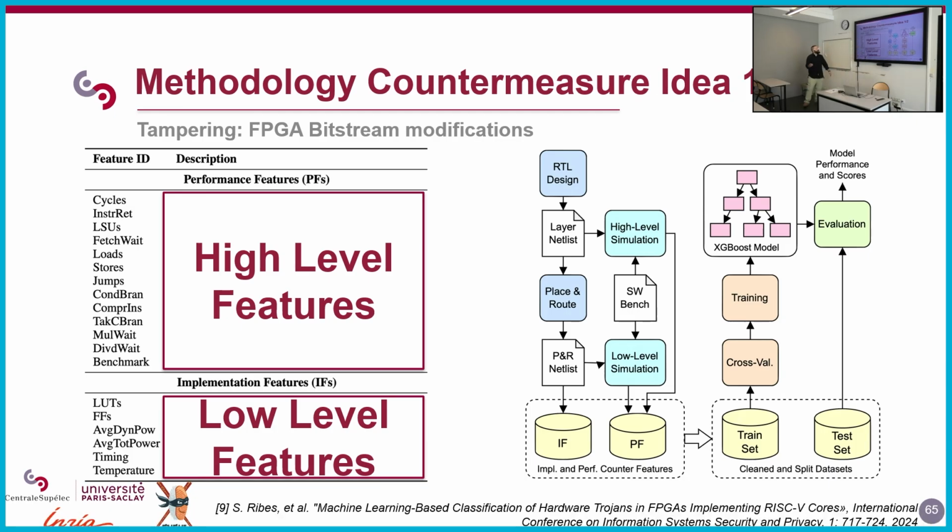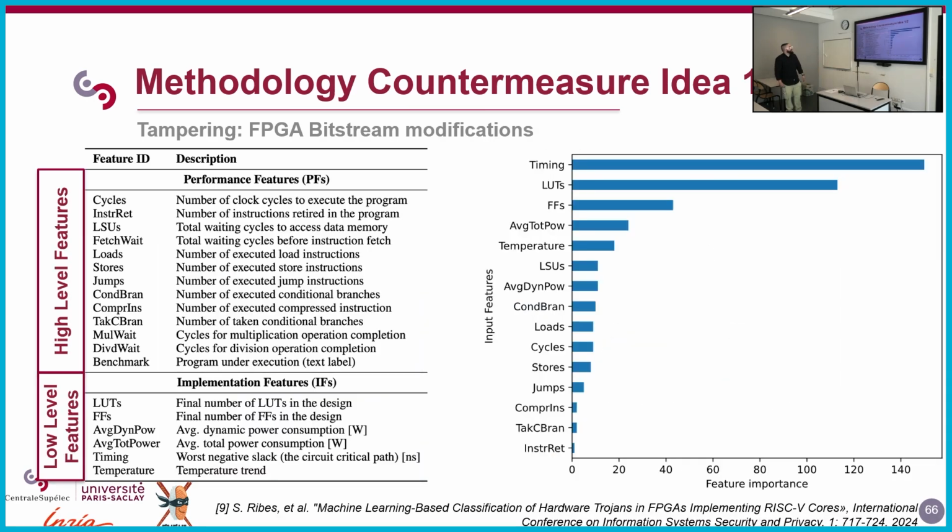We were considering different attack models, and different hardware for those attack models. It turns out that those were the most important features to monitor to detect hardware Trojans in FPGAs. And of course, it makes sense that the hardware-related features are more important for detecting those attacks.